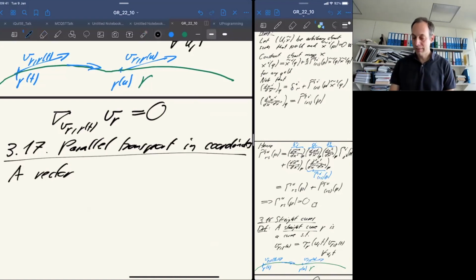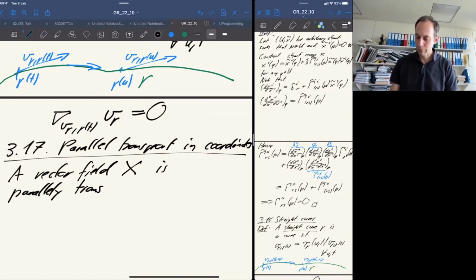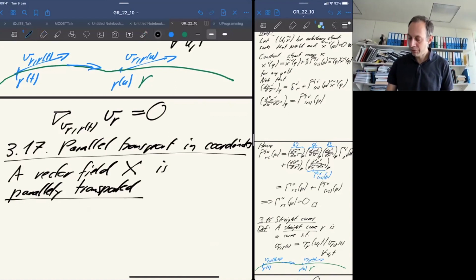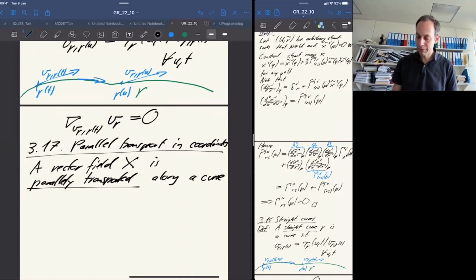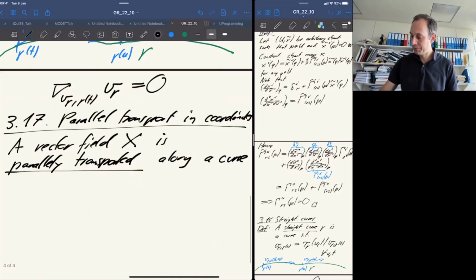So that's why I write this in a slightly different way than before. A vector field X is parallelly transported along a curve gamma. The curve now doesn't need to be straight, it's an arbitrary curve.